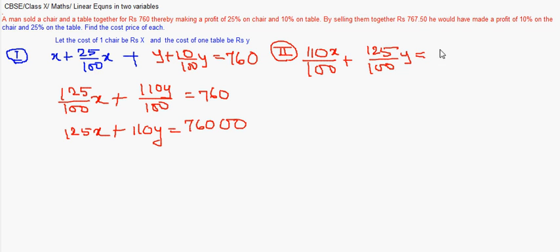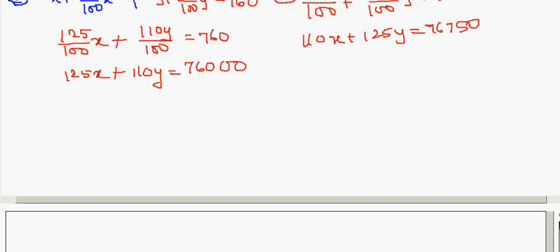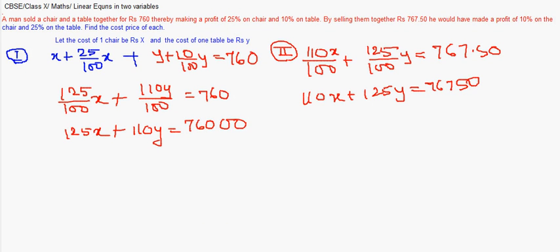This is equal to 767.50. Again the same thing we do, thereby I multiply 100 to the right, that makes it 76750. So this being our first equation, this being our second equation.